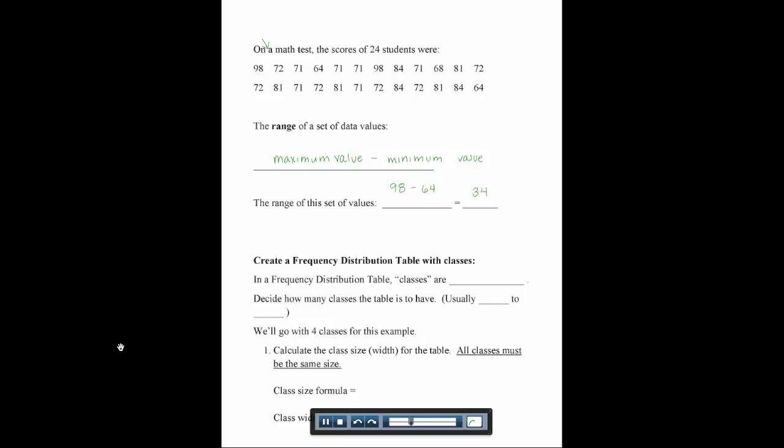Now what the frequency distribution table looks like is it's actually a 2-column chart. In one column we're going to have what are called classes, and in the other column we're going to have frequencies. The classes are categories or intervals that we will put the data in.